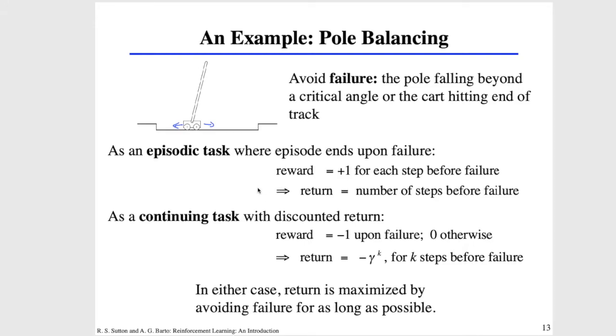I guess the idea of this one is if episodic, then you just give it reward all the time so that it's getting something along the way. And so it's trying to stay up as long as possible. So in this case, you give it +1 if it hasn't fallen over, right? And so it tries to stay up as long as it can.